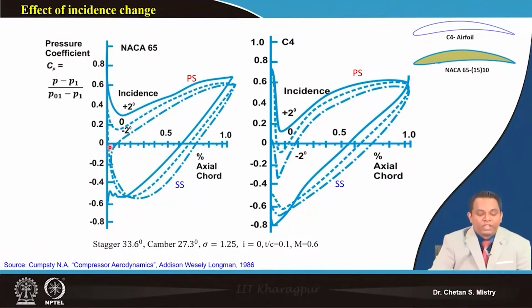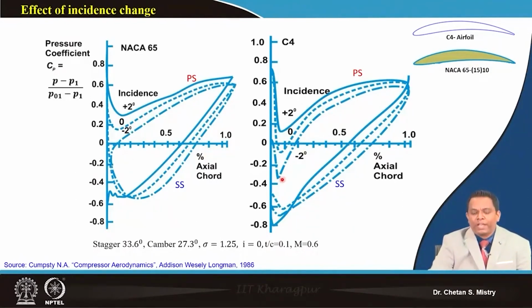On the suction surface I have higher acceleration, and that gives higher pressure rise. In line with that, for minus incidence angle, the CP distribution is lower compared to the positive and 0 incidence cases.